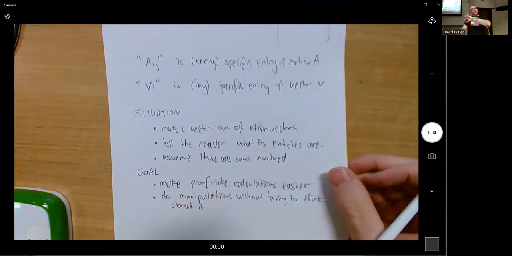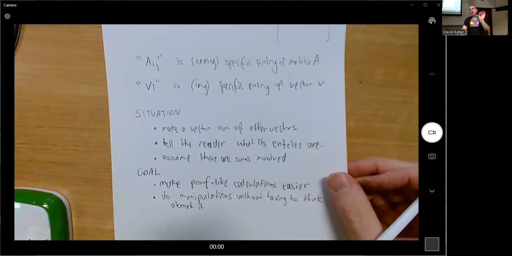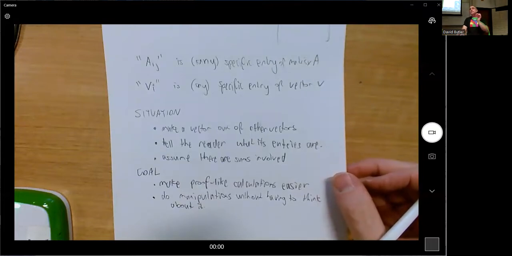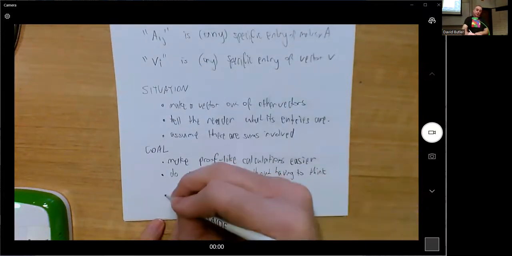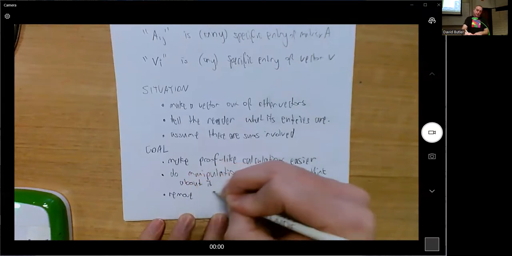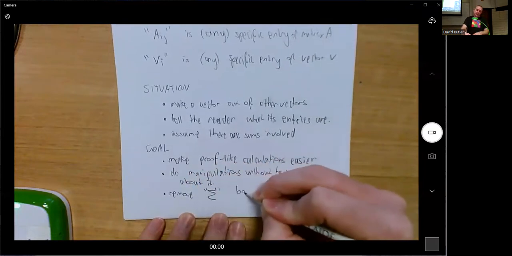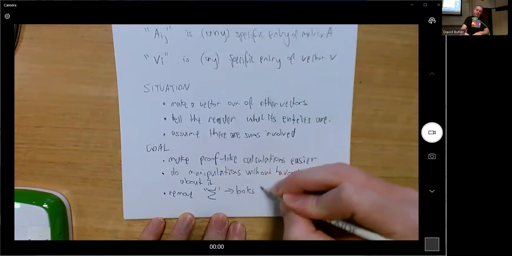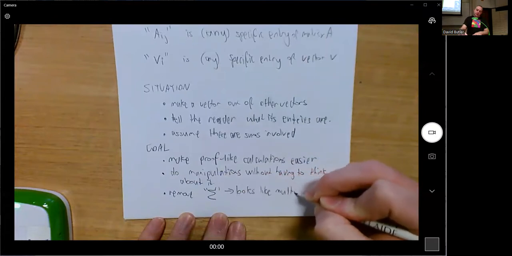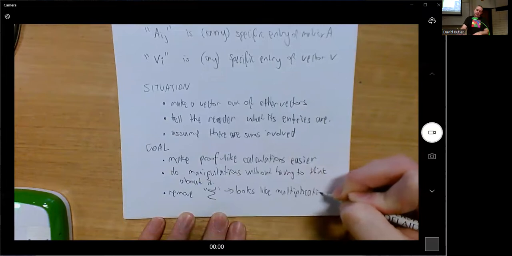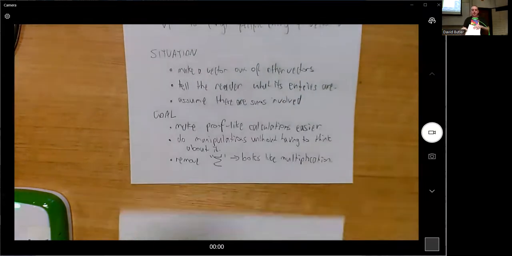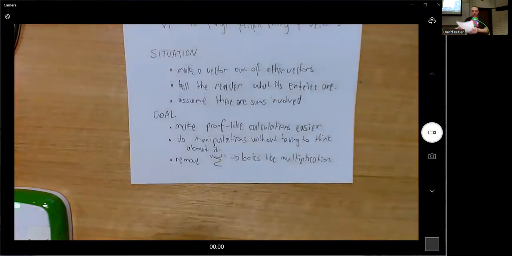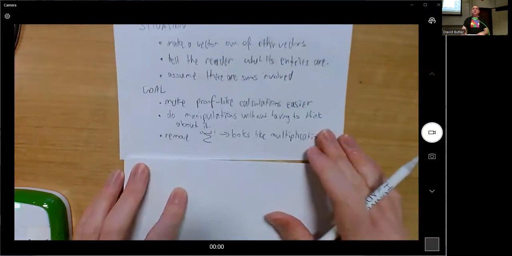So what it does is it removes all the sum signs and makes it look like it's just multiplication and addition. I don't know if this is a goal, but it's the truth. It makes it look like multiplication. Okay, cool. It's just going to be easier for me to just do an example.